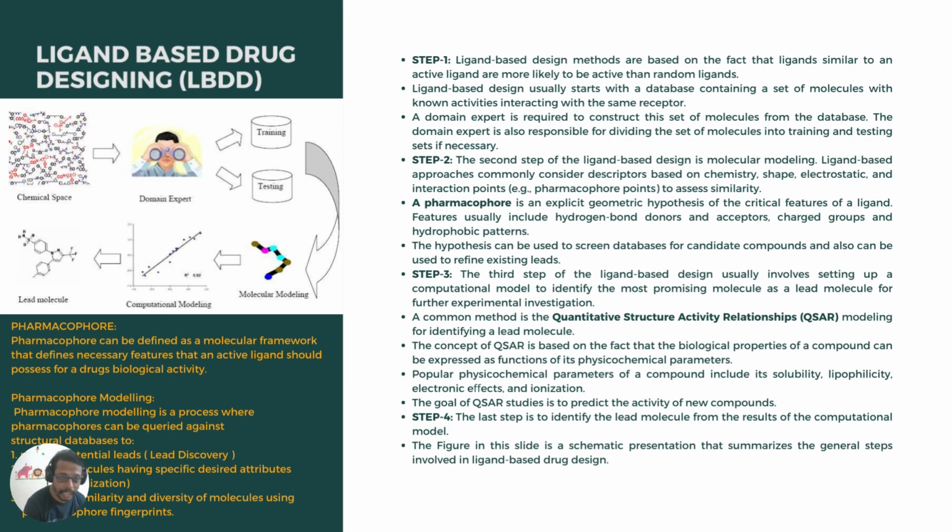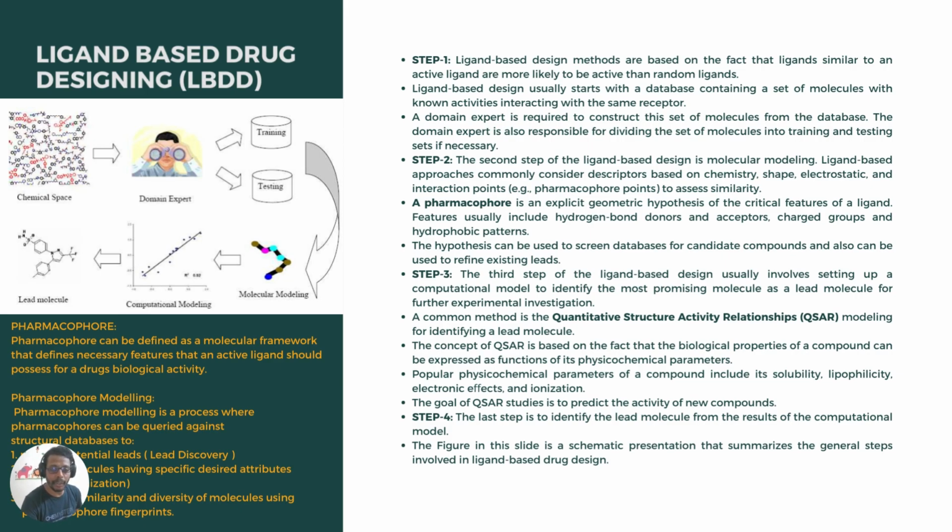Okay, so in this picture, there is a huge chemical space, a chemical database that is available. From this database, the domain expert identifies a few molecules. These few ligands will be trained and tested computationally based on molecular modeling. They refine a few ligand molecules, which are again tested by computational modeling and molecular docking, and it will give proper ranking to the molecules.